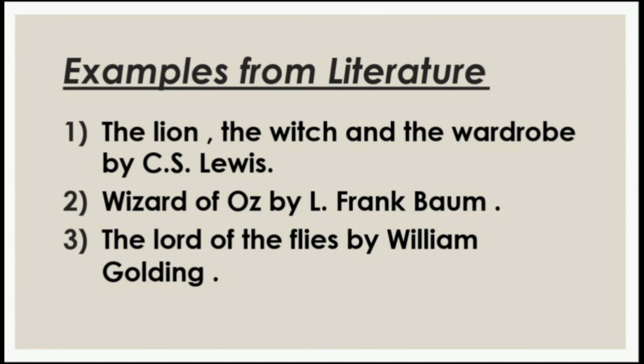So therefore the characters represent ideas. The next example is The Wizard of Oz by L. Frank Baum. This is a political and monetary allegory on the gold and money reforms of the 1900s. So that's an allegory which is political and monetary.